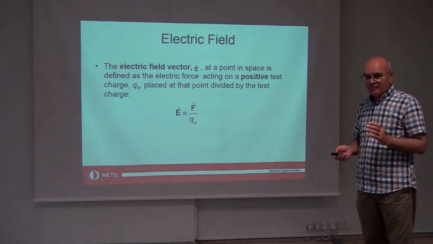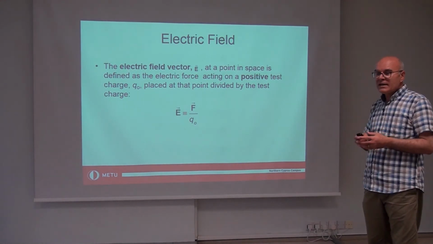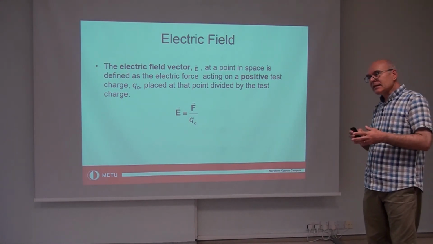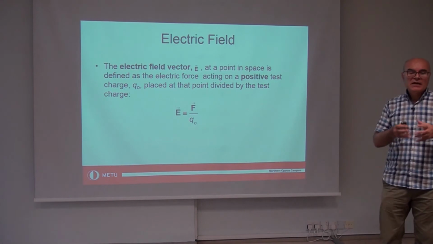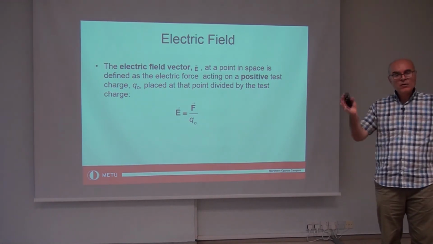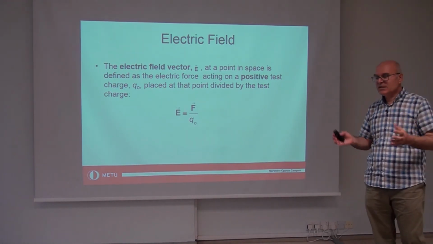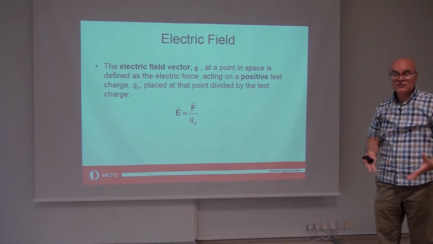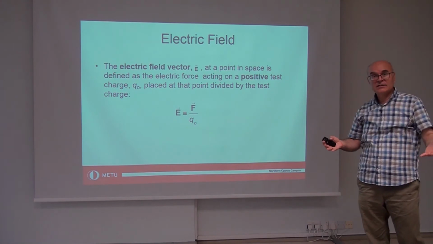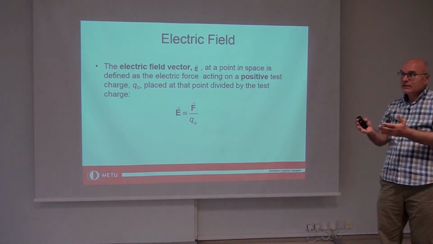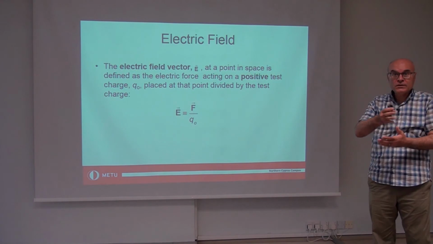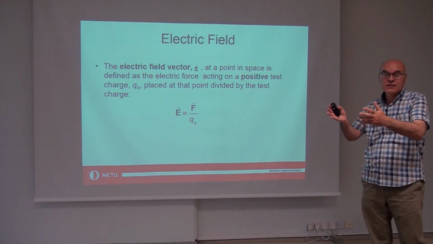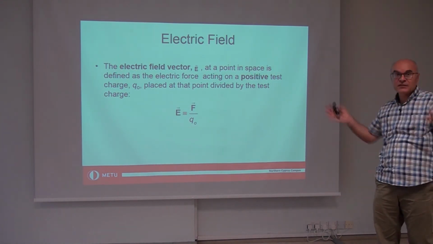Now, how can we find the electric field of a source charge everywhere in space? As we have seen, when you bring a charge into space, then around that source charge there is an electric field. This electric field might vary from point to point. It will have different magnitudes and different directions at different points.